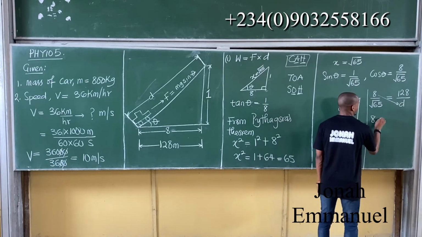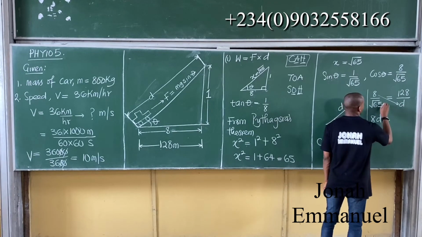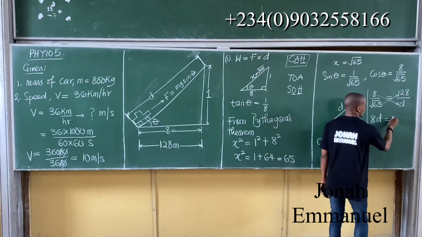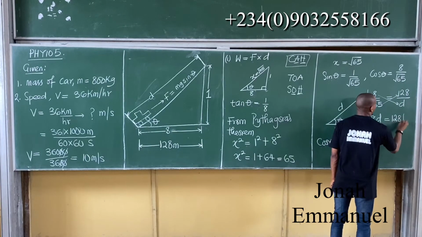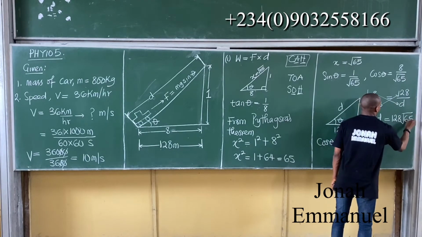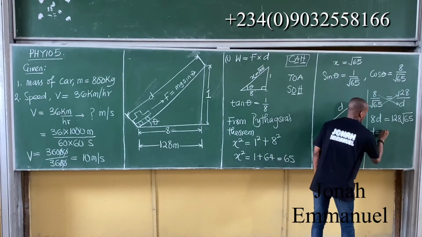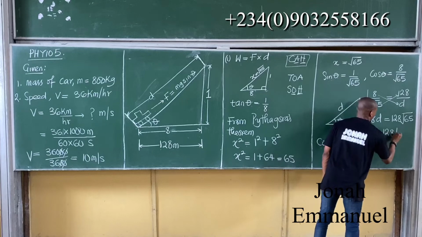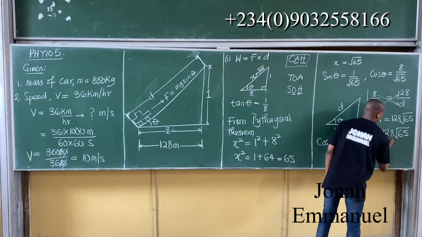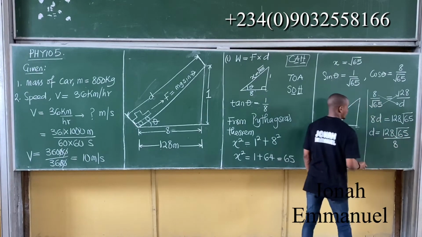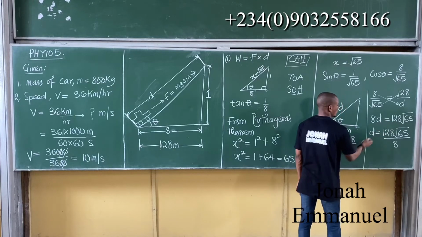That gives 8D is equal to 128 root 65. From here, D is equal to 128 root 65 all over 8. So divide both sides by 8, you get D.